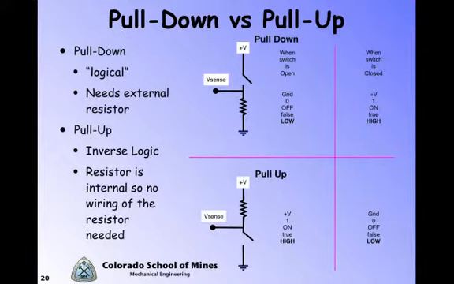If we look at the lower schematic, we have a pull-up wiring, and in that case, the V-sense is tied on the upper side of the switch, and so when the switch is open, the potential at V-sense is the same as the potential at plus V. Again, no current flowing, and therefore, if we ask what the value is there, it's going to be plus V, or 1, or on, or true, and in Arduino speak, high.